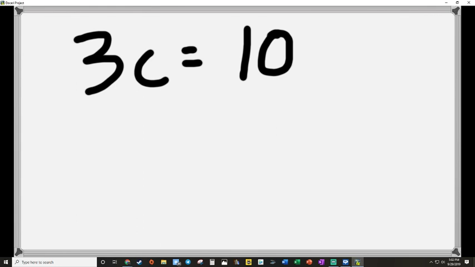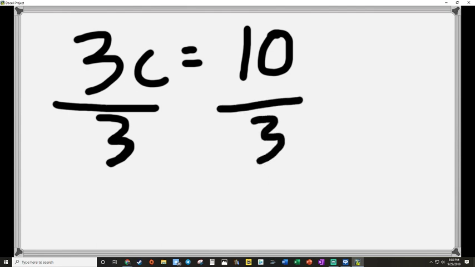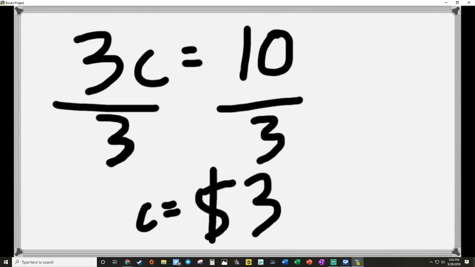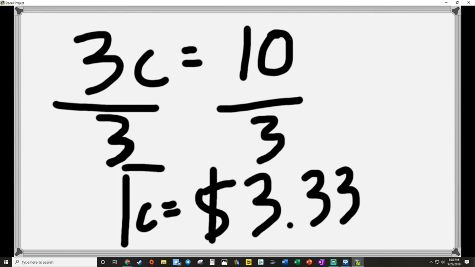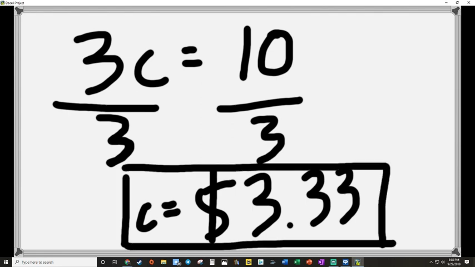We divide both sides by 3 because we need to get C all by itself. 10 divided by 3 roughly comes out to $3.33. Remember, it's approximate, which means an estimate that has to be close, not the exact number, because if you punch in 10 divided by 3, you're going to get a decimal. So that's the answer we are looking for.